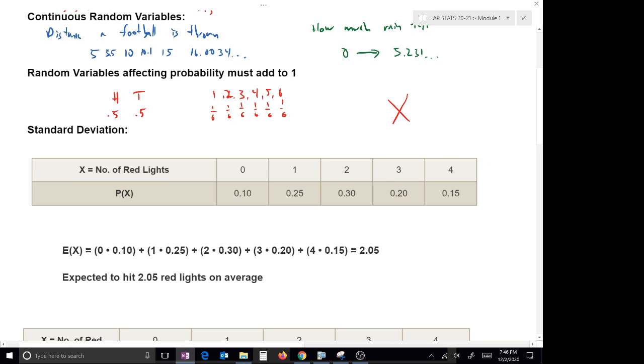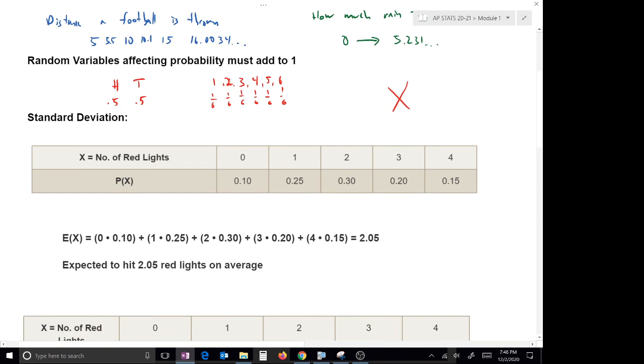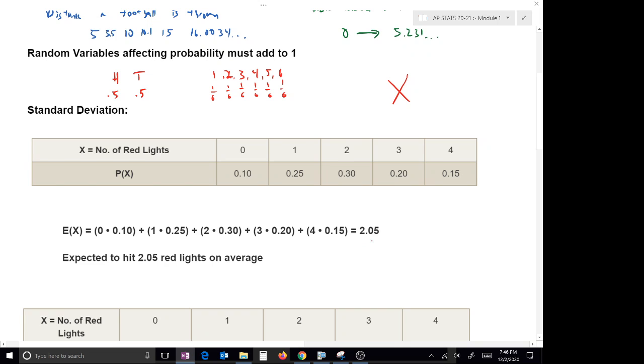And we can find our average simply by multiplying the probability by that number of possibilities. So if we have a 0.10 chance of hitting 0 lights, we'd do 0 times 0.10, which gives us 0, and so forth. We'd add those all together and get an average of 2.05.